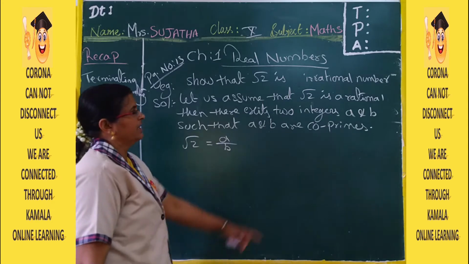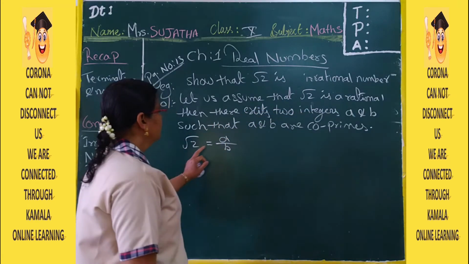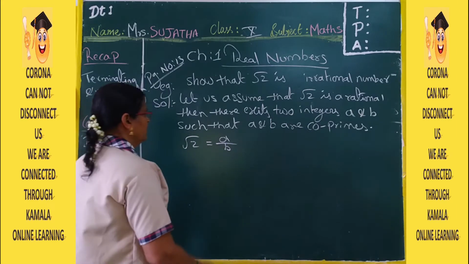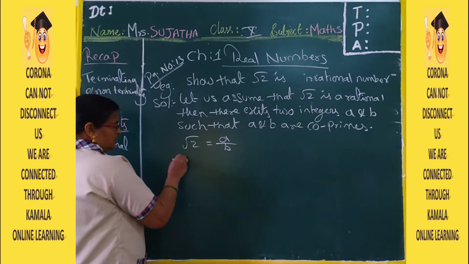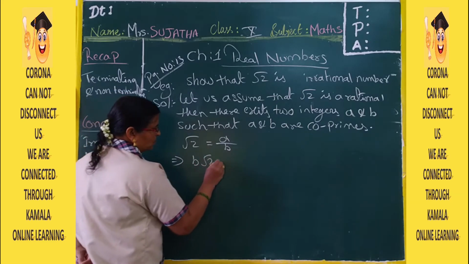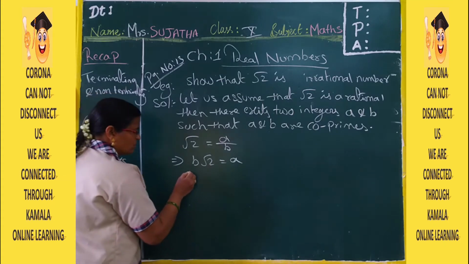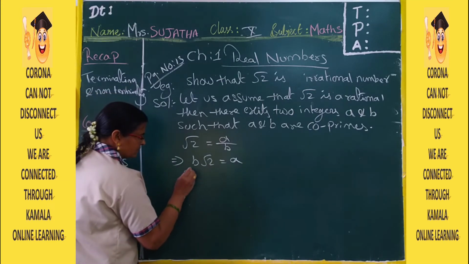Okay? Now, root 2 is equal to a by b. Why a by b are we taking? Because we are saying that root 2 is a rational number. That's why root 2 is equal to a by b. Now do cross multiplication. If you do the cross multiplication, what will you get? b root 2 is equal to a. Now squaring on both sides.